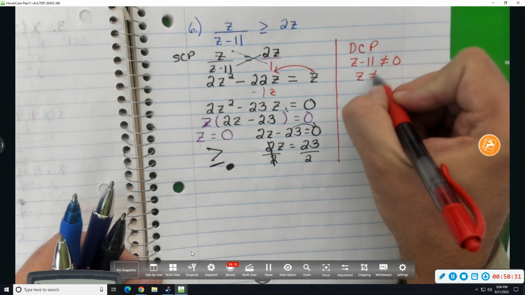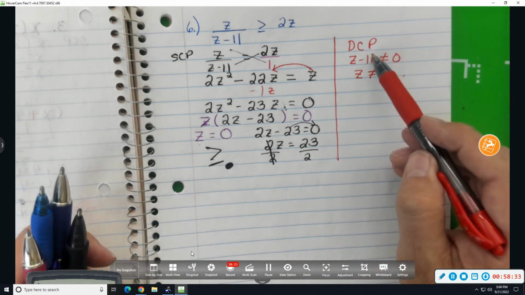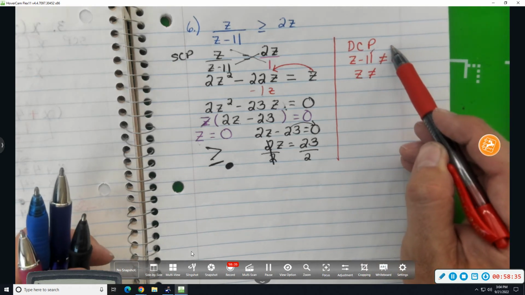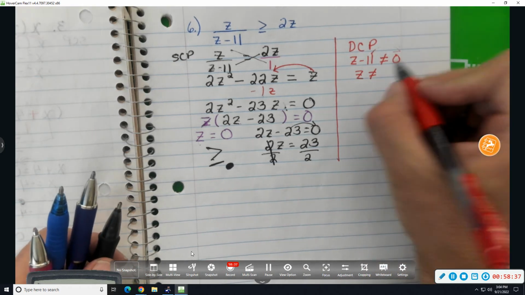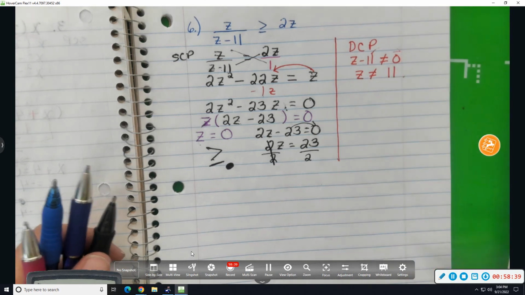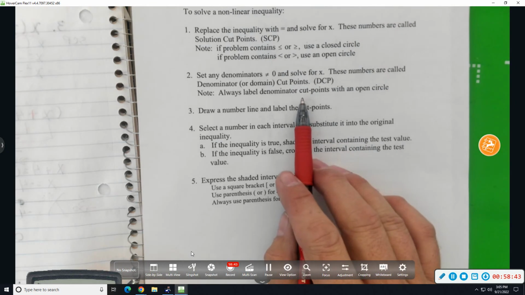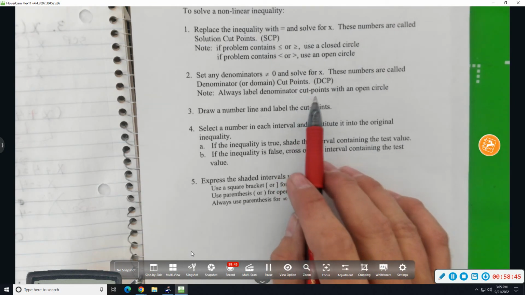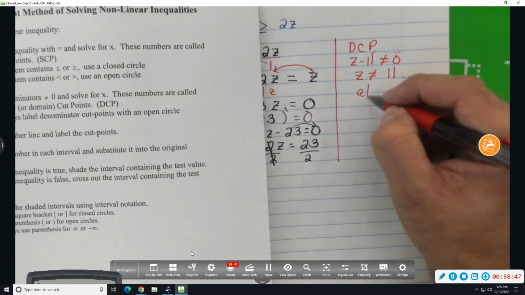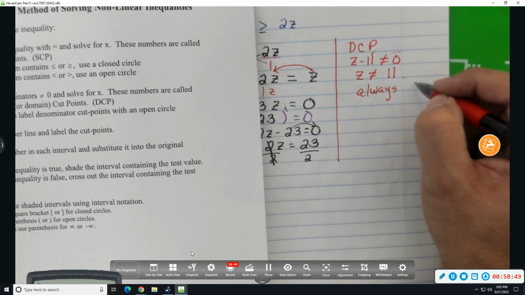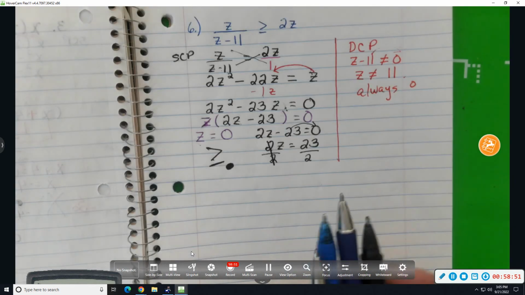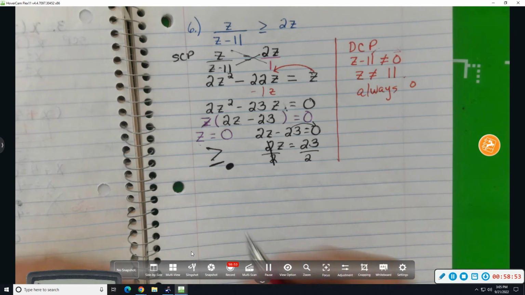So isolate that z. What would we have? z can't be 11. Open or closed circle? Always open on the denominator cut points. We'll draw our number line now.